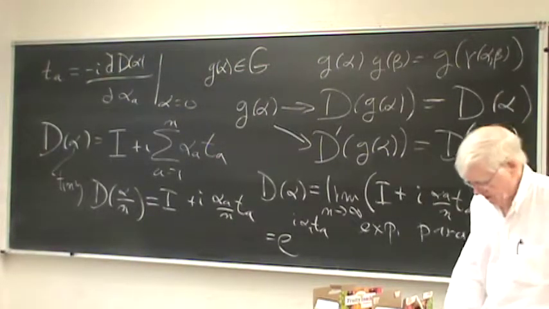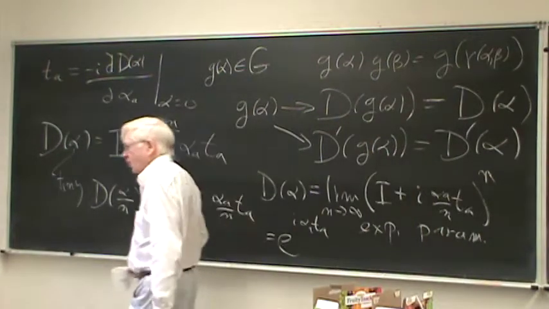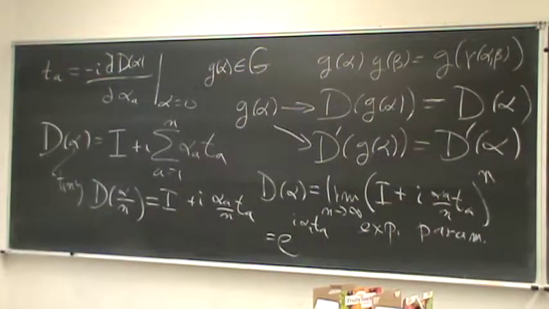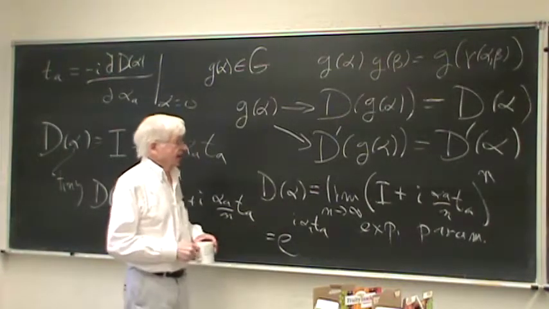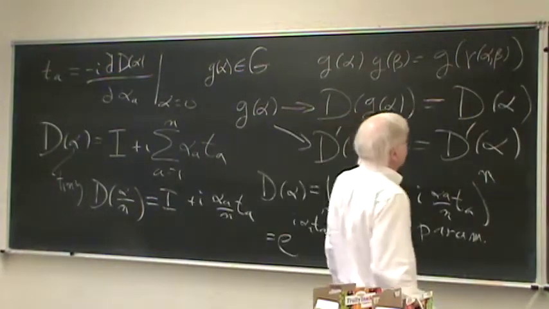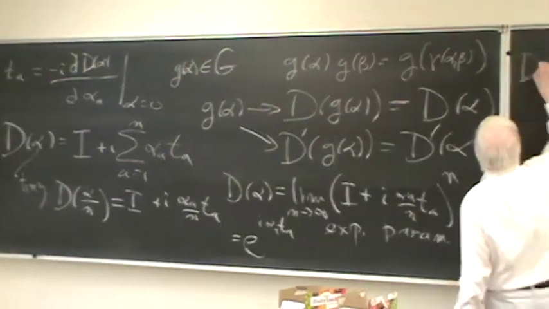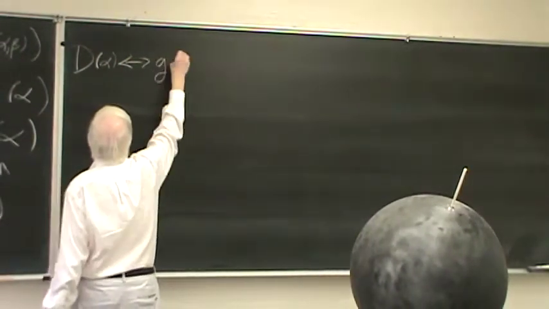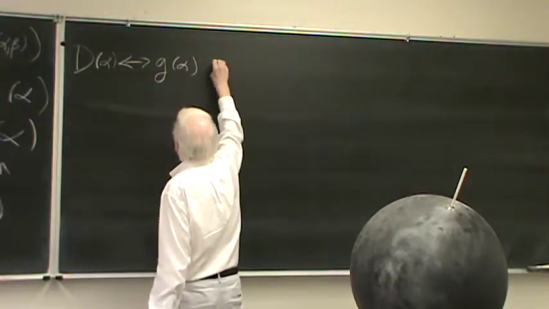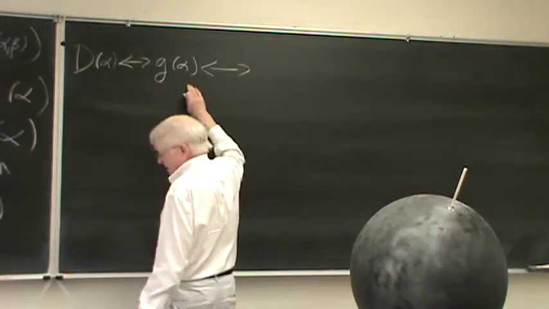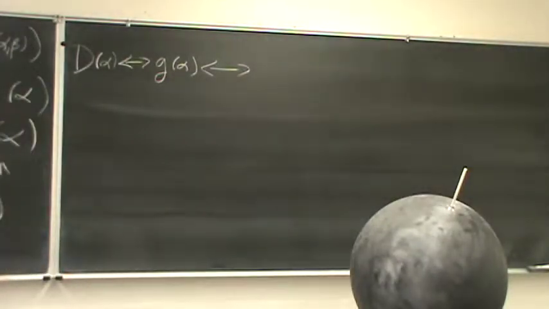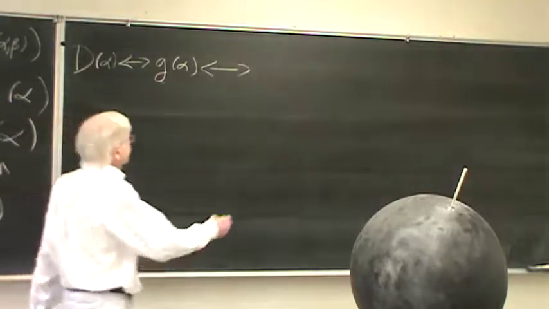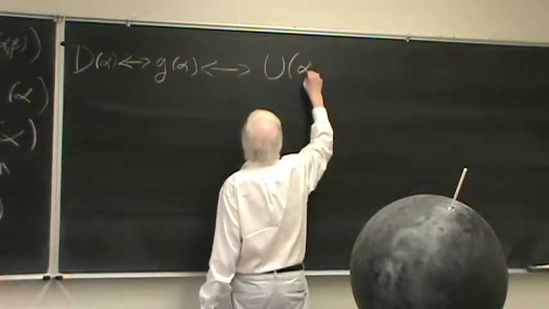And it's the normal and convenient way of writing group elements. And in fact, you then have three things. You have D of alpha, which is a representation of the group element g of alpha, and then you're representing this group element by the matrix D of alpha. You can represent that by a unitary transformation U of alpha.